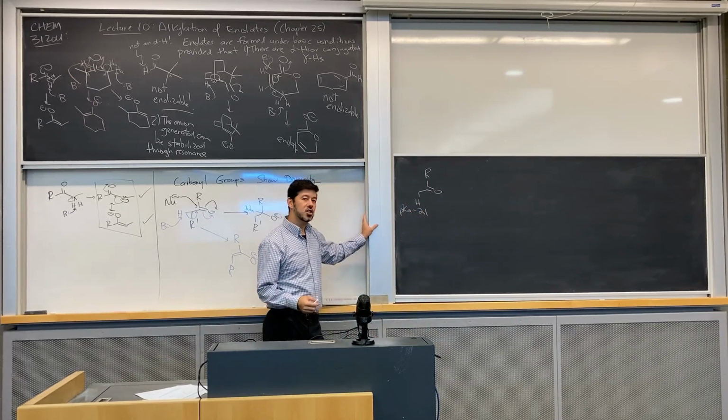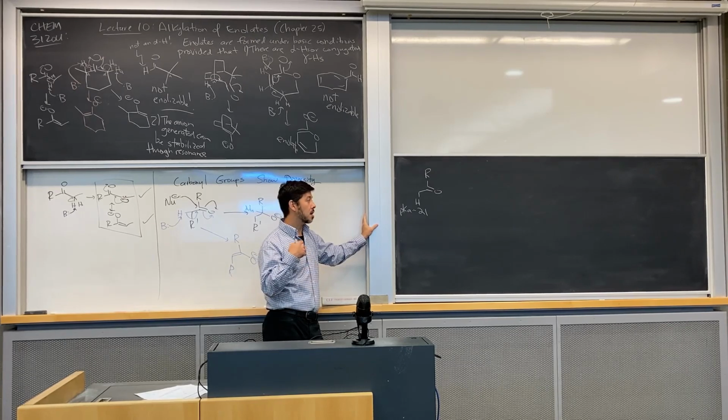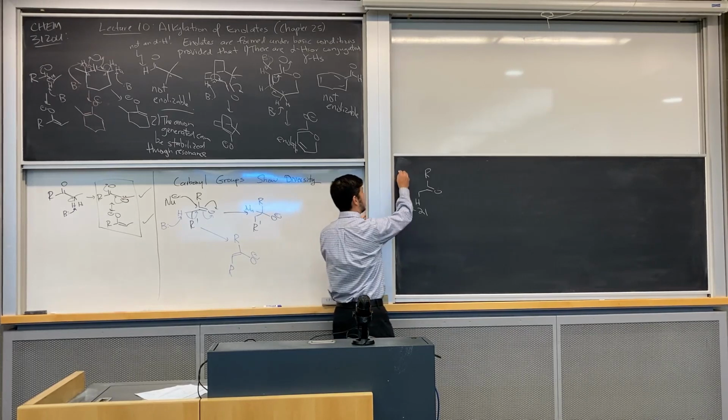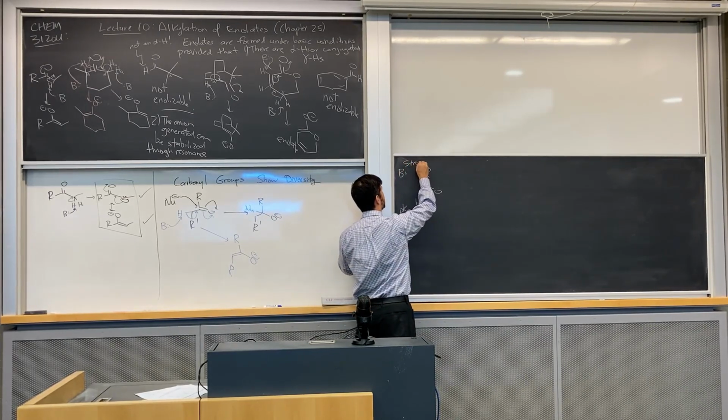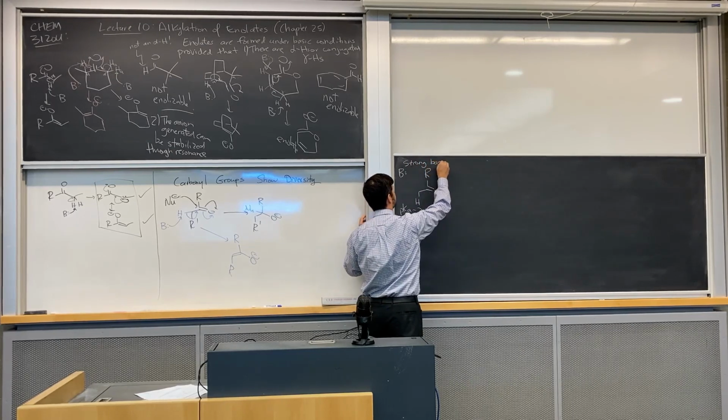So one way we could generate an enolate is if we take a very strong base whose conjugate acid has a much higher pKa. So let's say we got B, and let's call this a strong base.